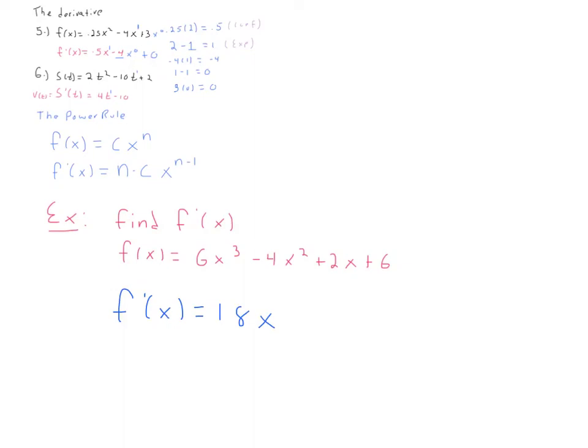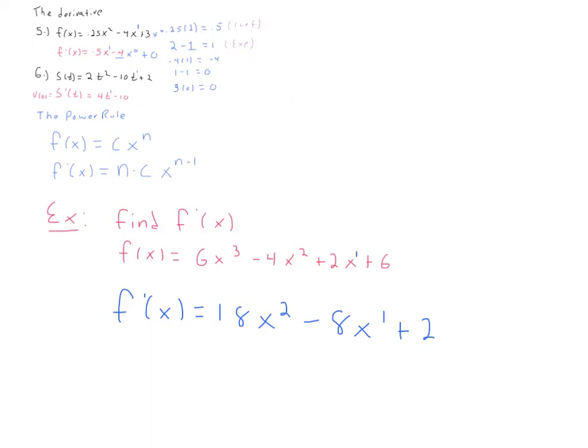The exponent was 3, so let's take 1 away from it. So I get 18x squared minus, well, 2 times negative 4 is negative 8 x to the, it was x squared, take away 1, so now we have x to the first. So we have 18x squared minus 8x plus 2.